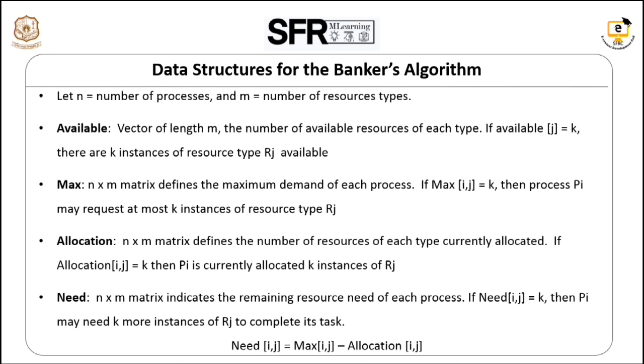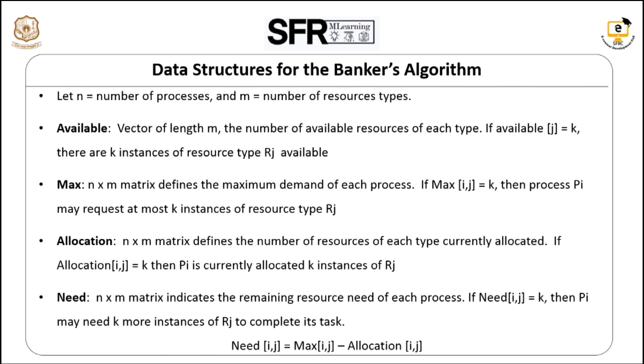Allocation. It is an n cross m matrix that defines the number of resources of each type currently allocated to each process. If Allocation[i][j] equals k, then process Pi is currently allocated k instances of resource type Rj. Need.